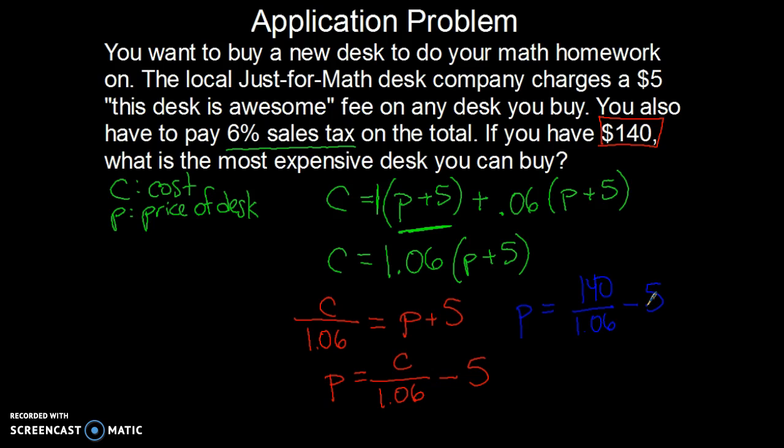So 140 divided by 1.06 comes out to 132.08. And then when we subtract that 5 off, the total price, the original price we were allowed to pay for this desk is $127.08.